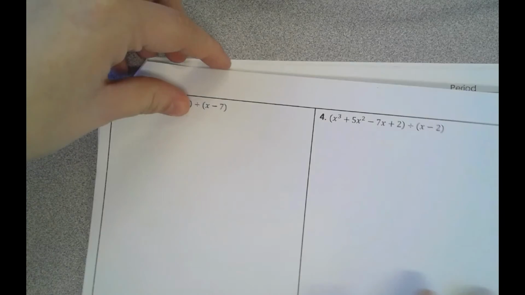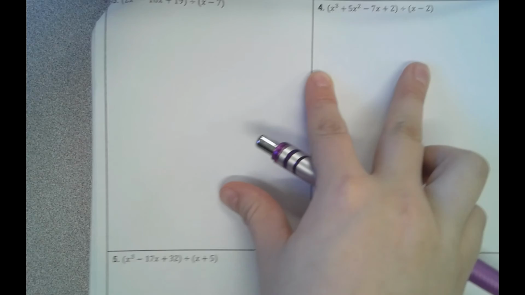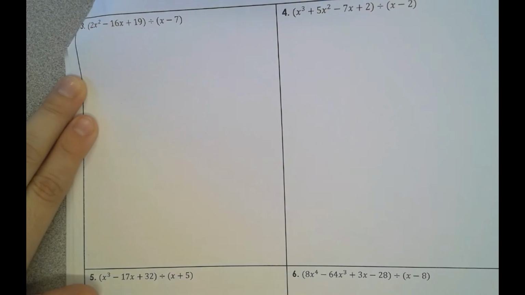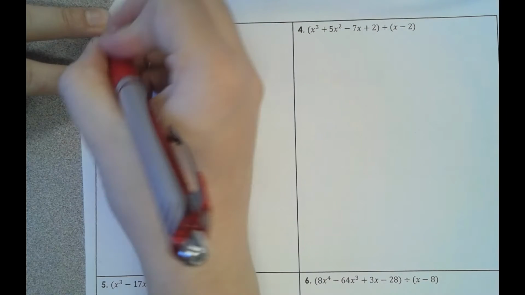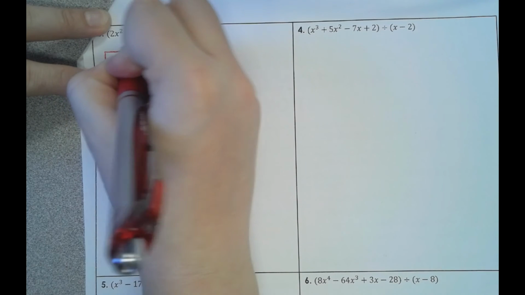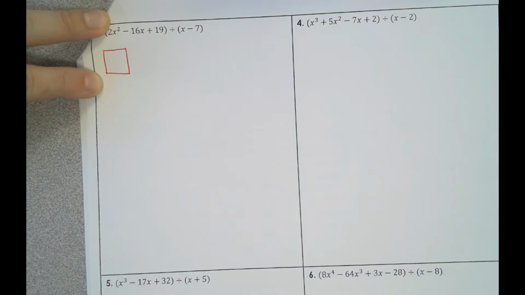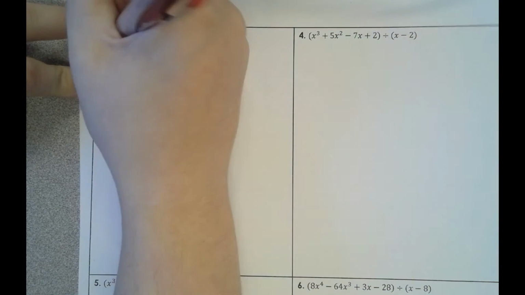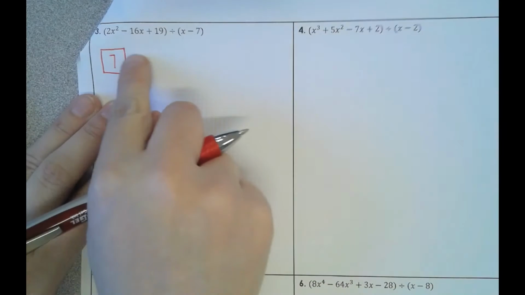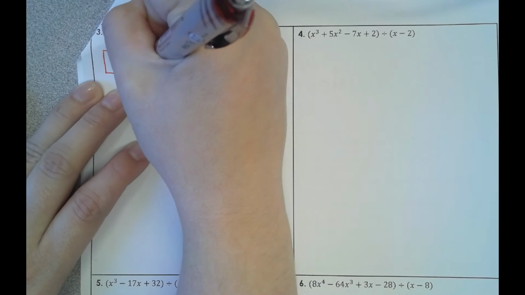Okay. Let's go to number 3. What goes in the box? And what numbers go across the top?